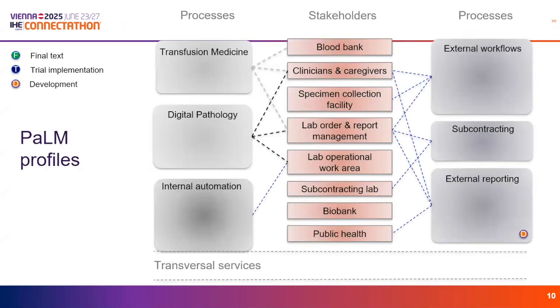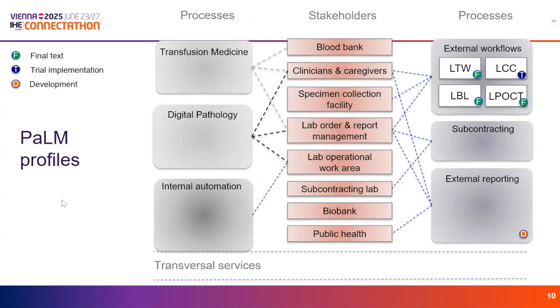And these are all the different profiles we have. So we have external workflows that are supporting interactions between clinicians and laboratories, specifically the laboratory testing workflow that's in final text, that's covering ordering from the clinicians and result reporting back from the lab.